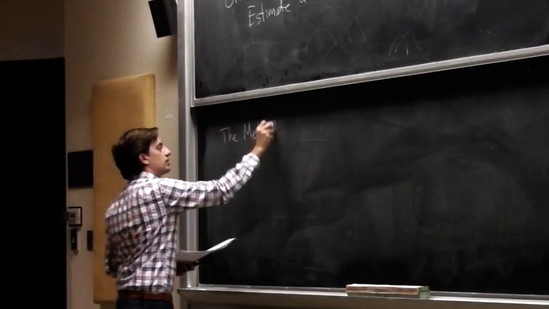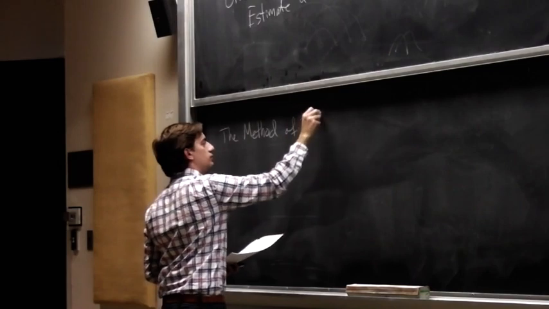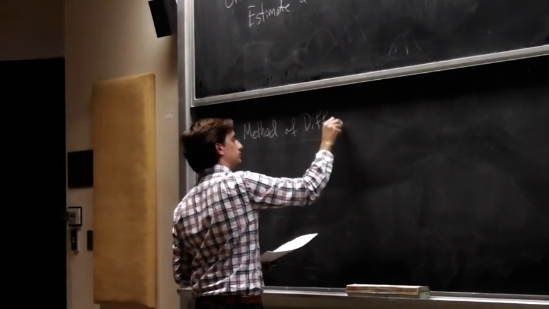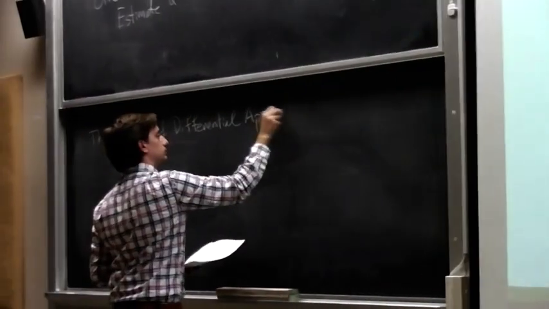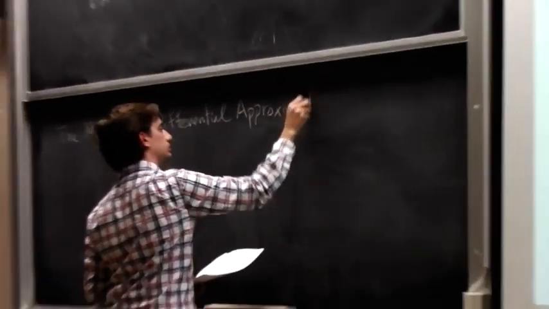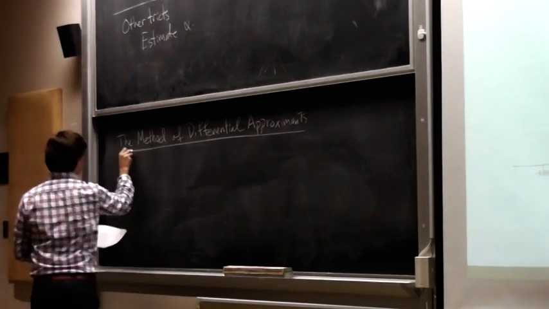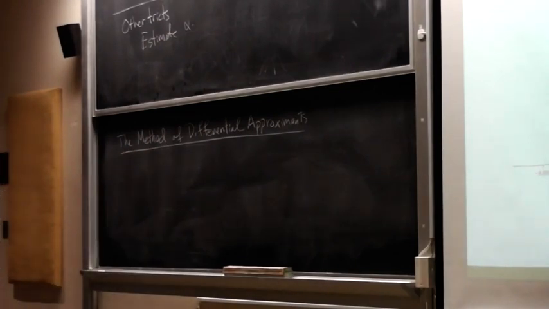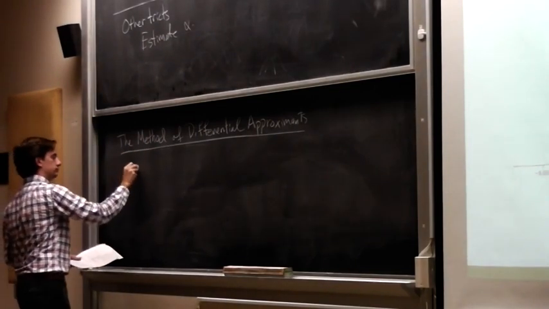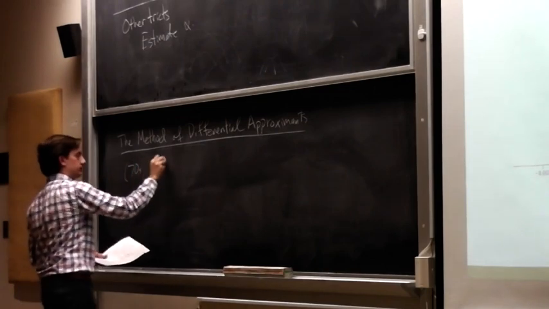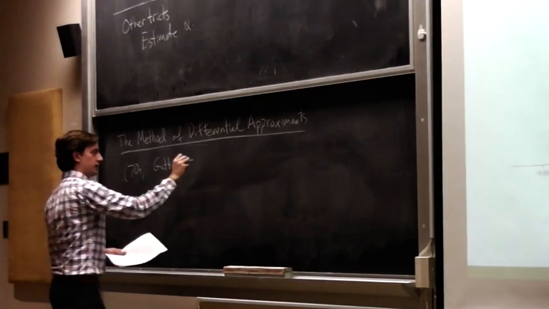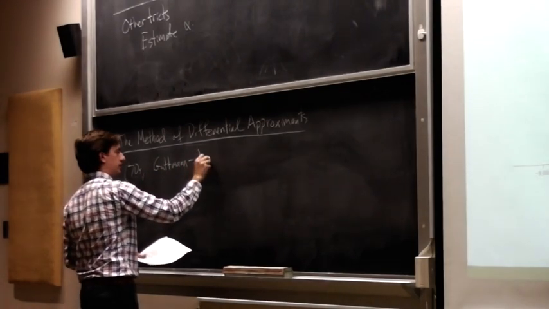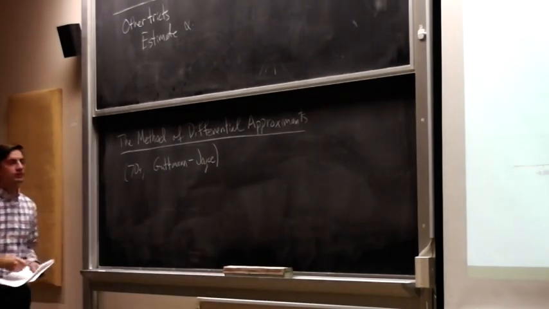It's called the method of differential approximants. This was invented in the 70s by Tony Guttmann, who's currently at the University of Melbourne, and Joyce, who I think, at least at the time, was at King's College London.